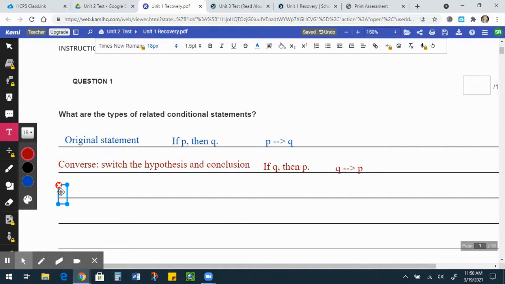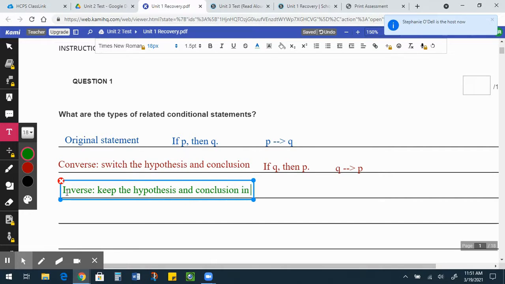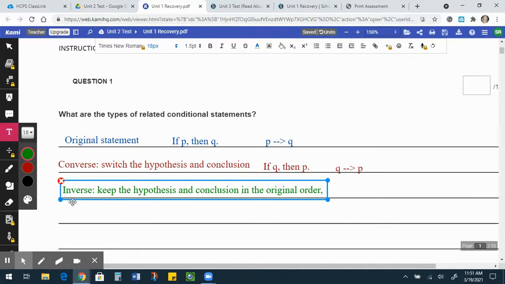All right, the next related conditional is called the inverse. Now, the first 2 letters in this word tell me exactly what to do. I'm going to keep the P and the Q in the original order, and in the letter N, I'm going to negate each part.